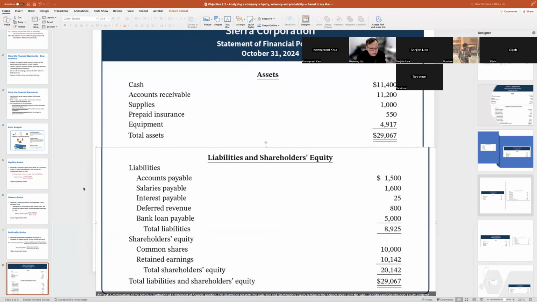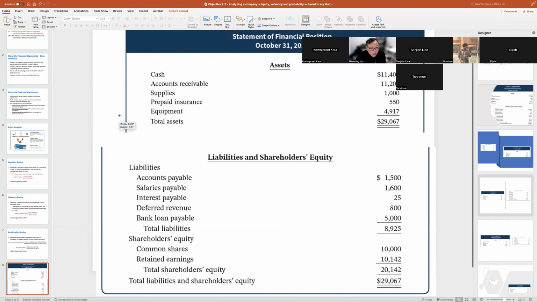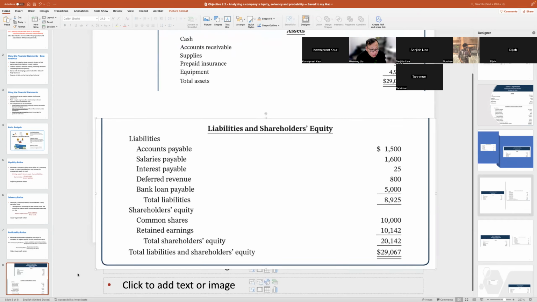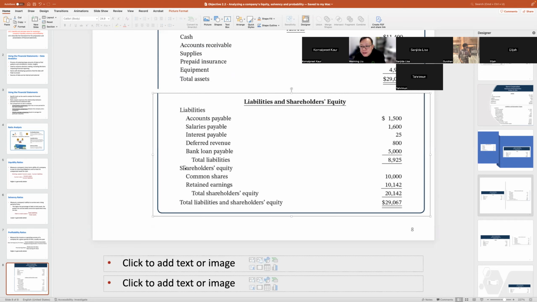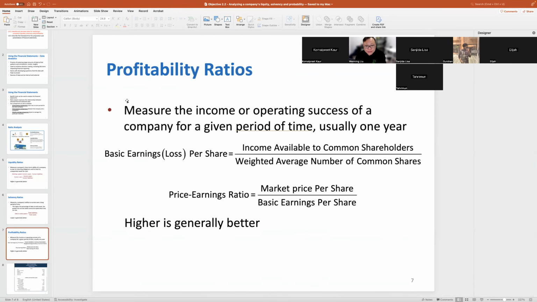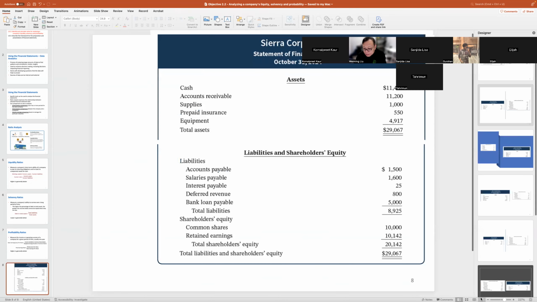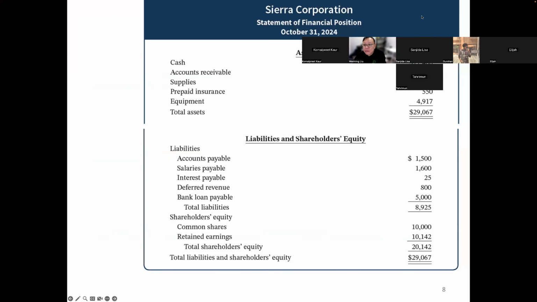Okay, so please do the current ratio and working capital. So do that calculation, please. The working capital equals current asset minus current liability. The current ratio equals current asset divided by current liability.